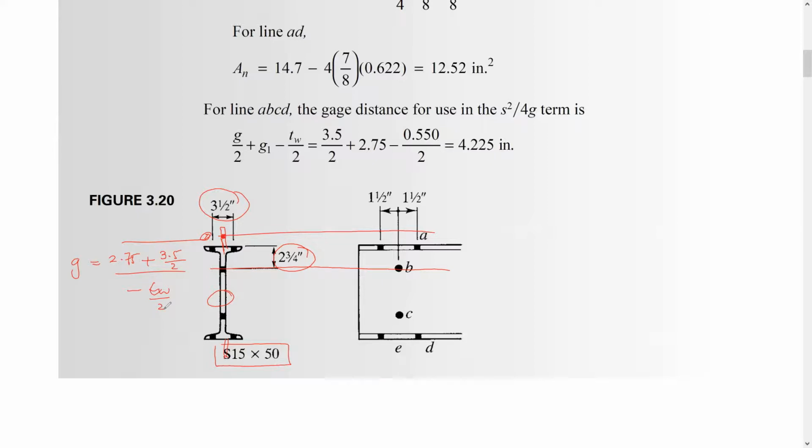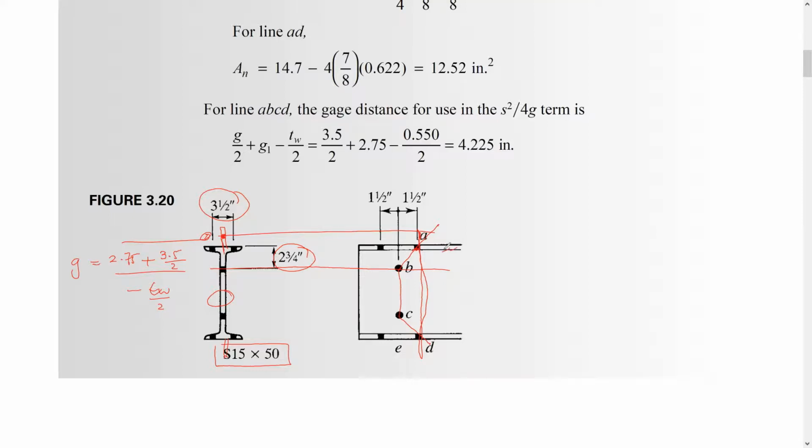Here we have more than one path. We might go with path AD, or with path A, B, C, and D. Let me show you how to do that, but first, let's go to the manual and get the information we need for this section.